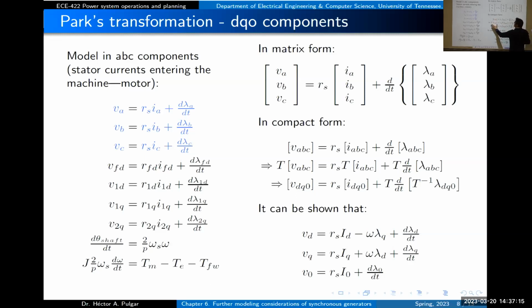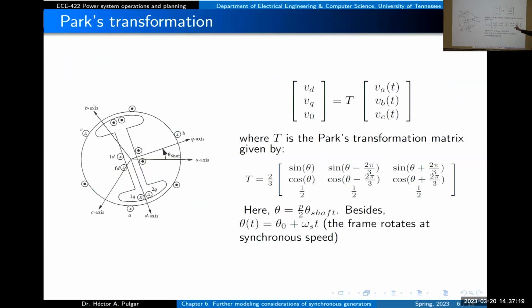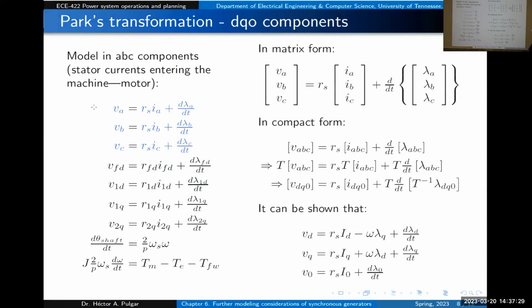This is nothing else than the definition we have: you take a set of ABC signals, you multiply from the left by T, and you convert them. So when we do that, this is nothing else than the voltage in DQ and zero sequence. Here, nothing else than the current in DQ and zero sequence.